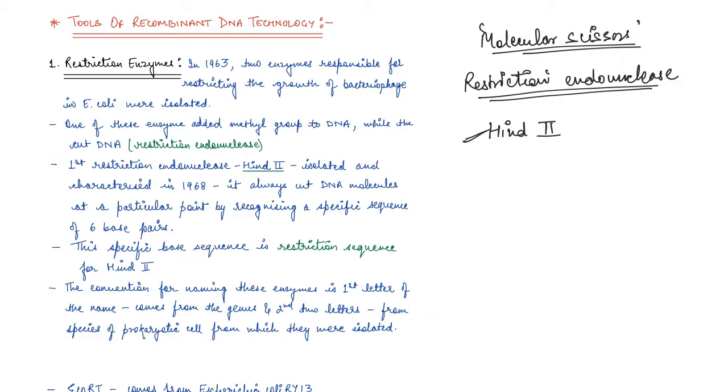This enzyme always cuts the DNA molecule at a particular point. How does it recognize that point? This enzyme recognizes a specific sequence of six base pairs, and it cuts the DNA.